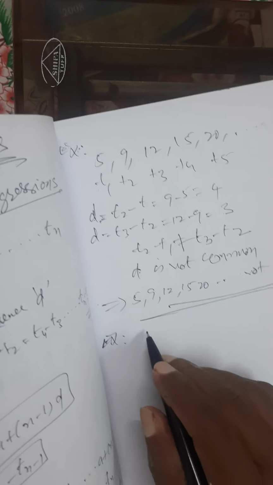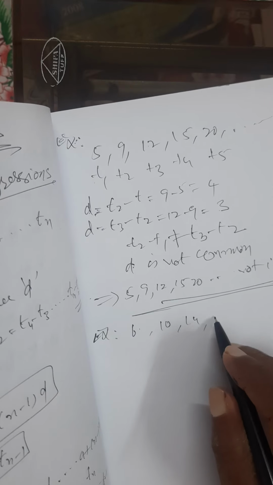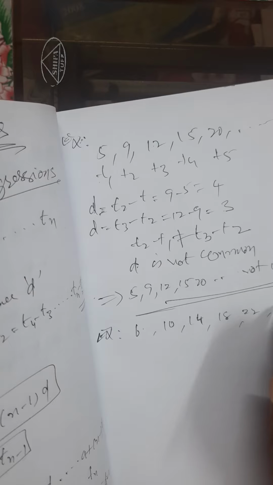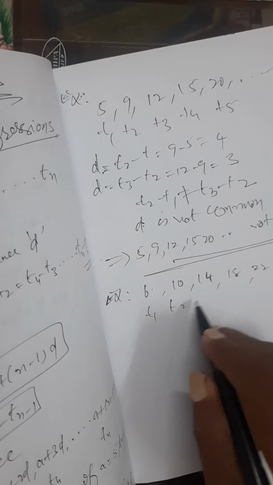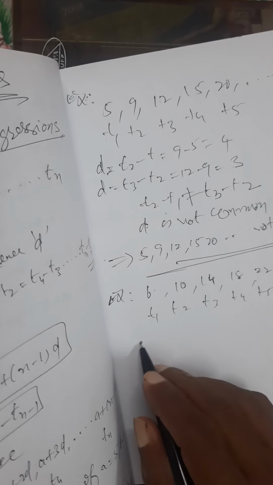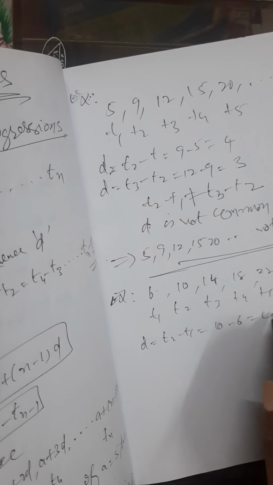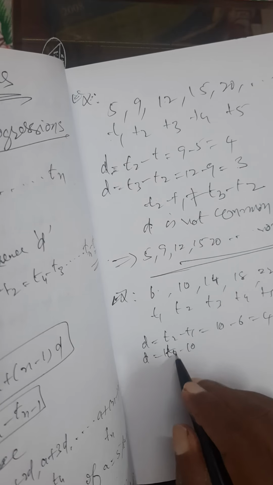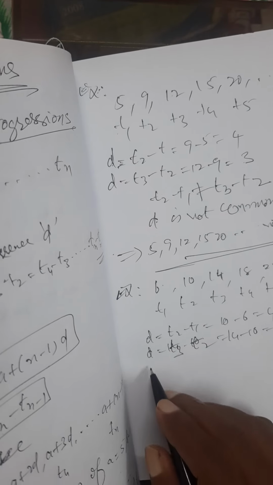Example, again we are taking 6, 10, 14, 18, 22, 26, dot, dot. Now again this is T1, T2, T3, T4, T5, T6. Now check D equals T2 minus T1, that is 10 minus 6, that is 4. D equals T3 minus T2, 14 minus 10, again 4.